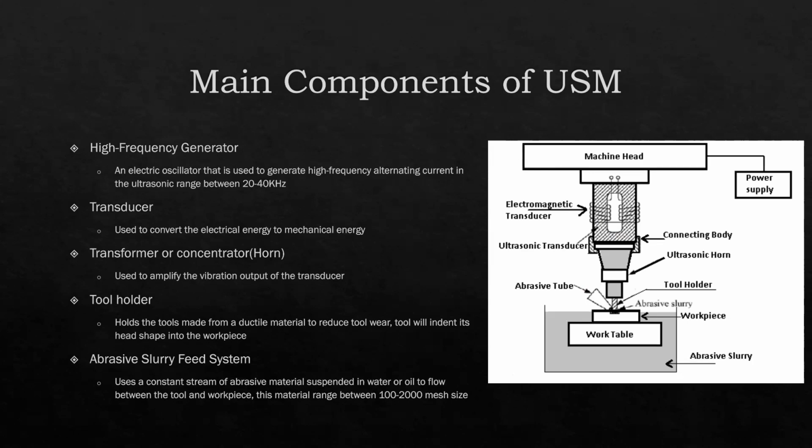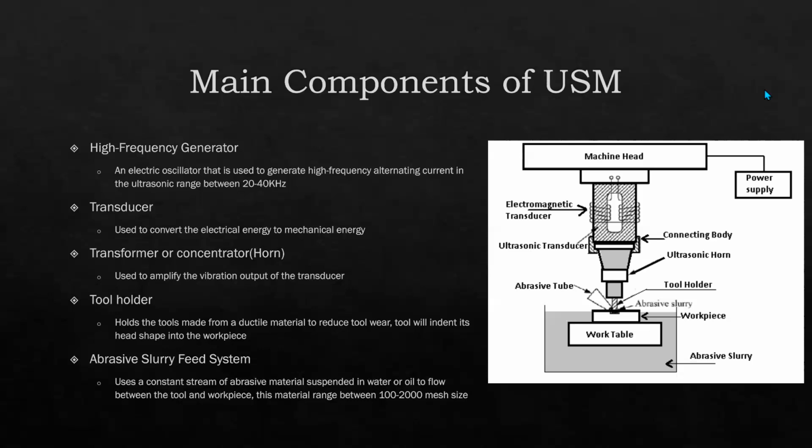The tool is usually made from a ductile material used to reduce wear, and it will indent whatever shape is of the head shape. But because it's using abrasive slurry, both the workpiece and the abrasive and the tool will be worn down when it's cutting.